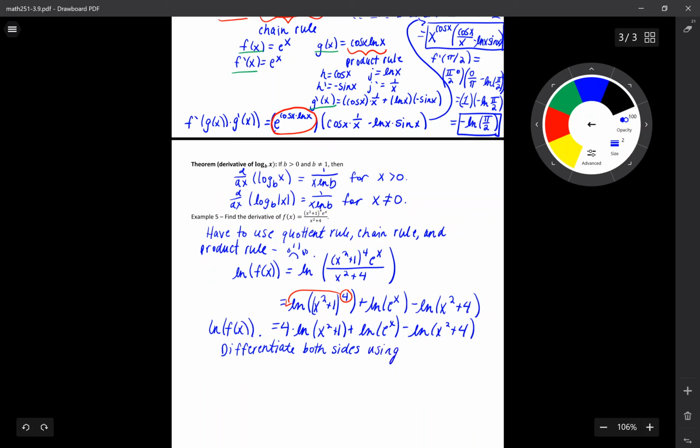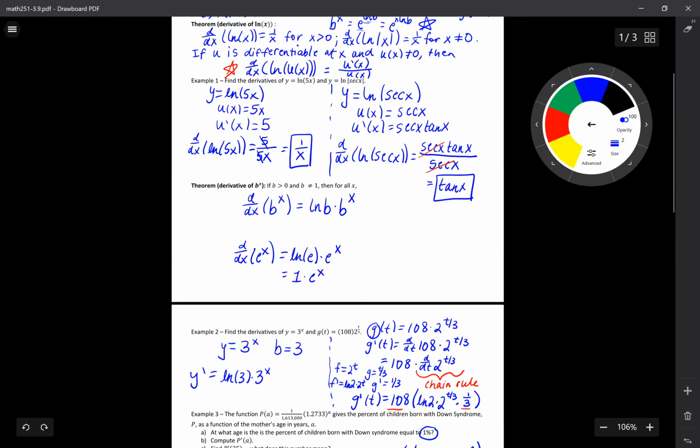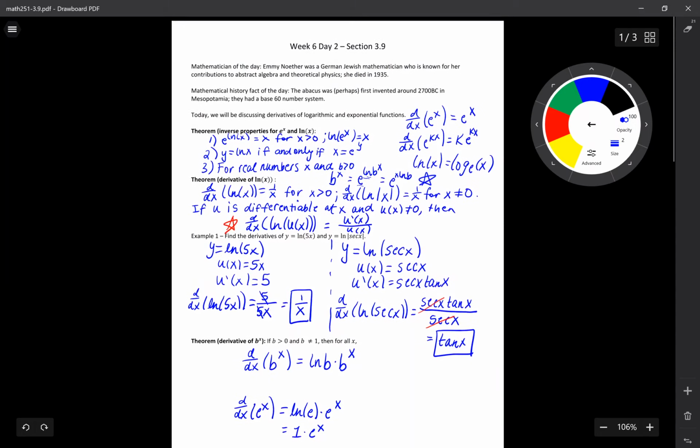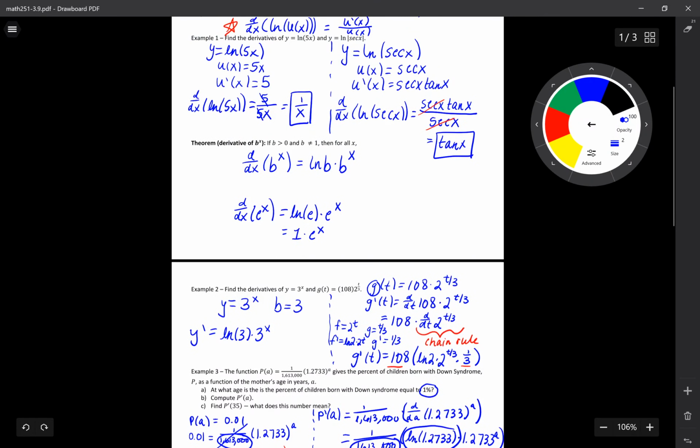Using the chain rule. So we just learned here that if I want to take the derivative of log base b of a function, then I can very easily do that. But we learned on the very first page that the, oops, where is it? Here it is.